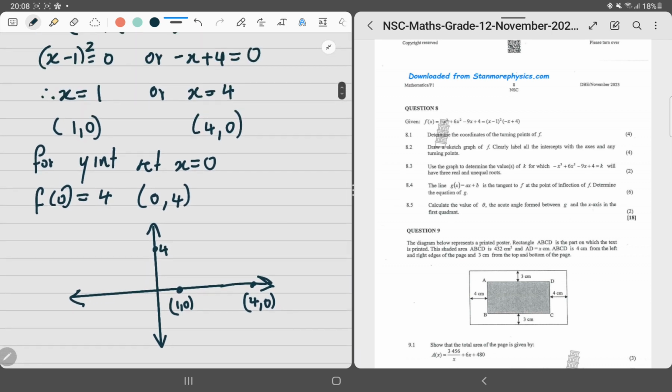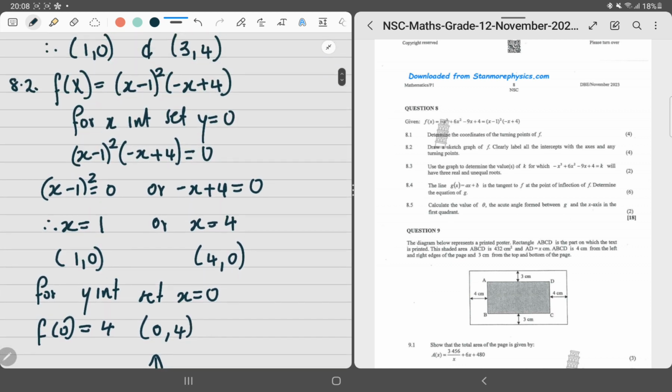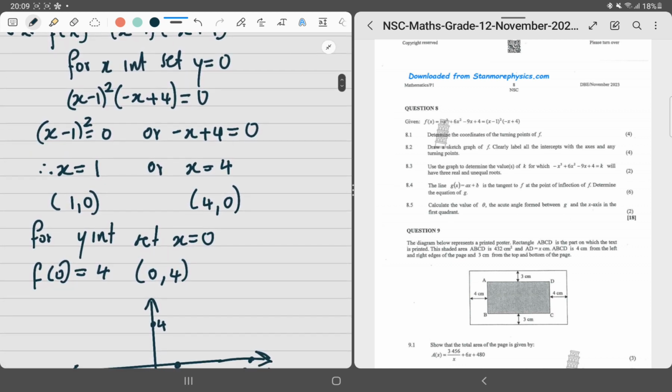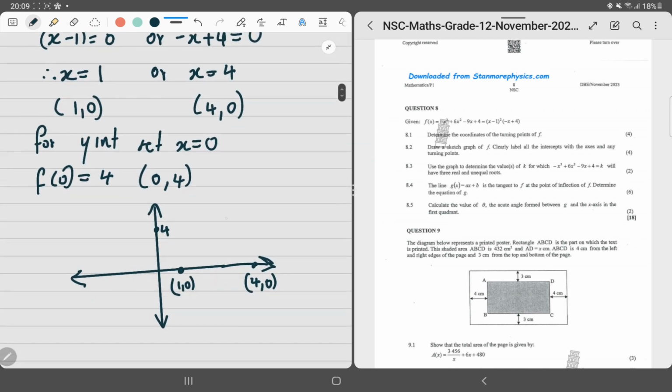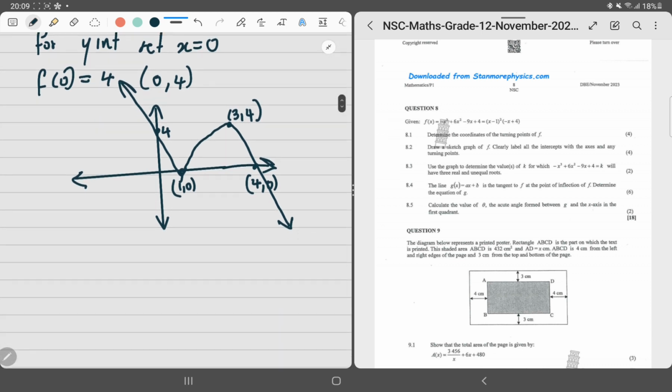The other coordinate is (3, 4). The other turning point is at (3, 4). So that's my sketch.